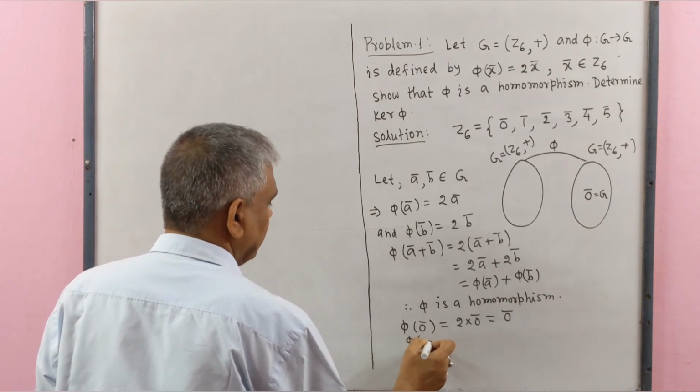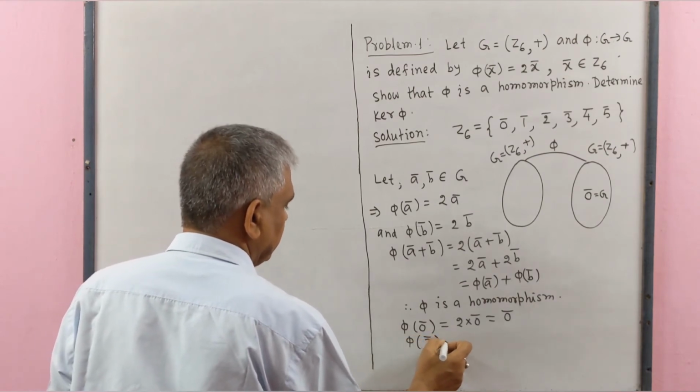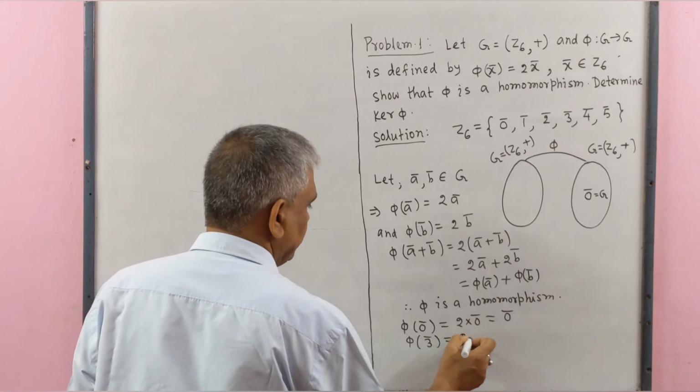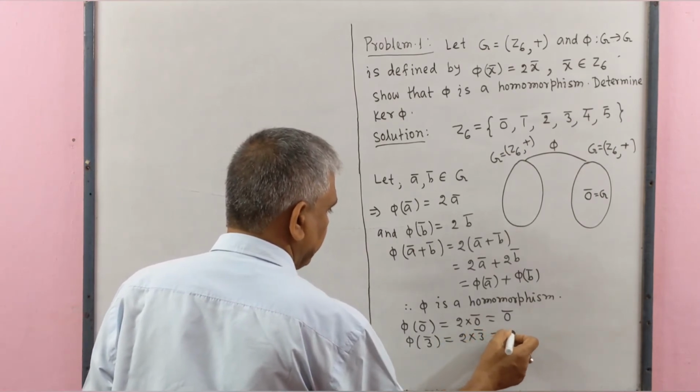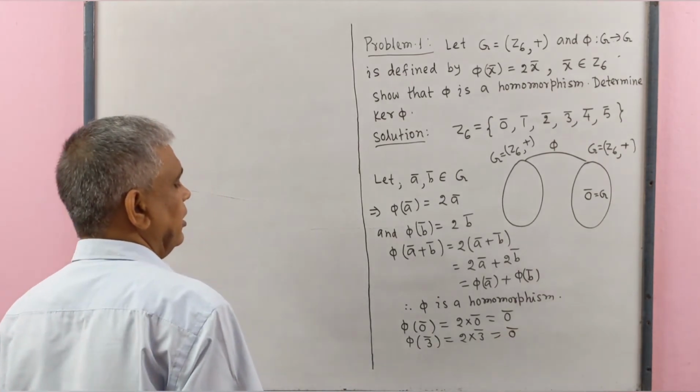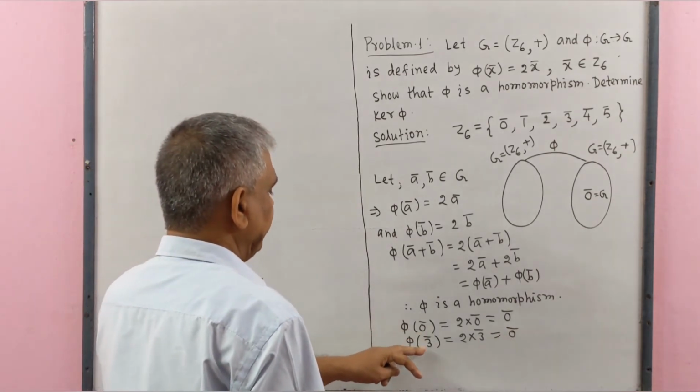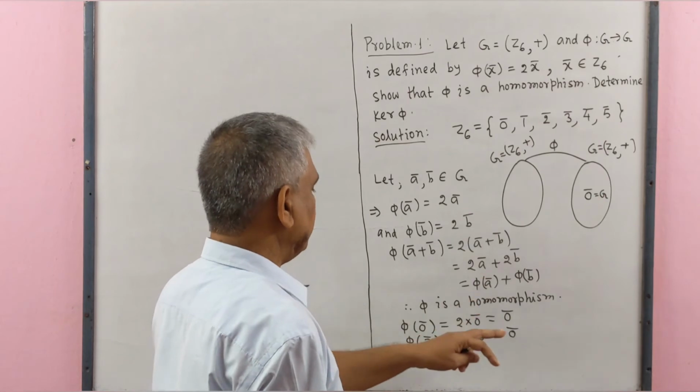Phi of 3 bar equals 2 multiplied by 3 bar, meaning 6 bar, meaning 0 bar, and no other element will give image 0 bar.